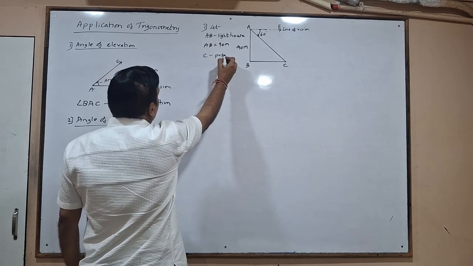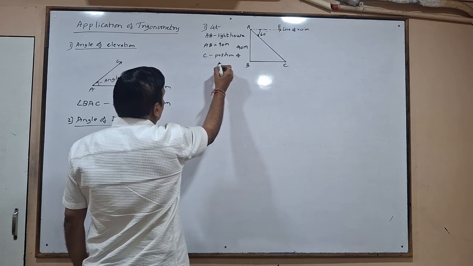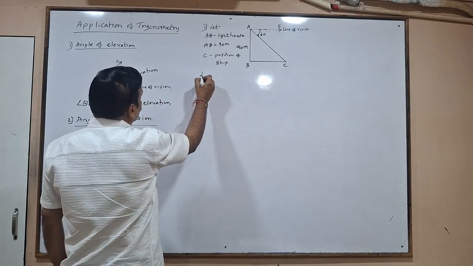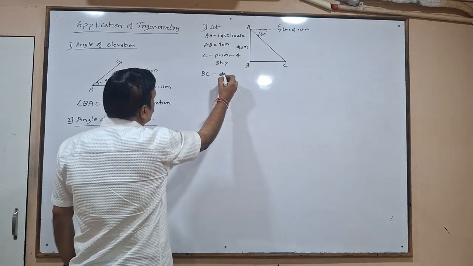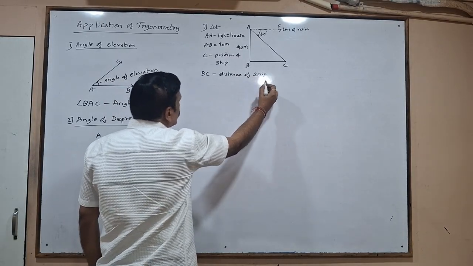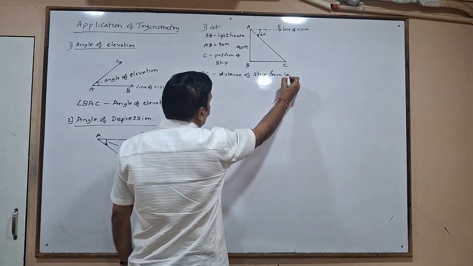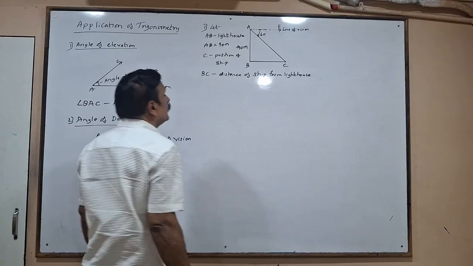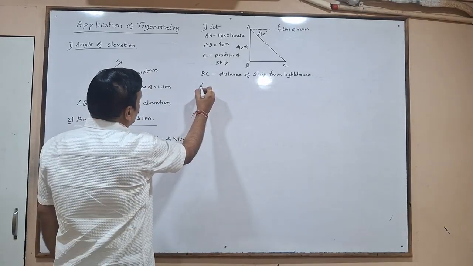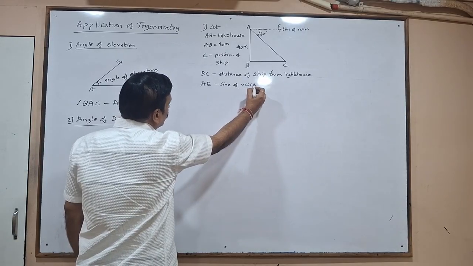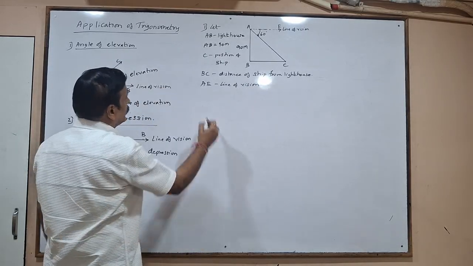C, position of ship. BC, distance of ship from lighthouse. Then AE, line of vision.